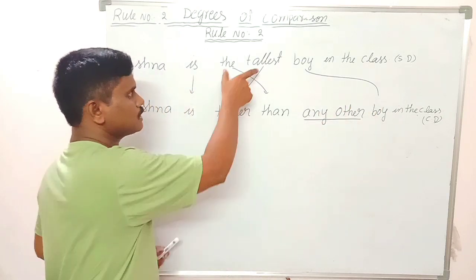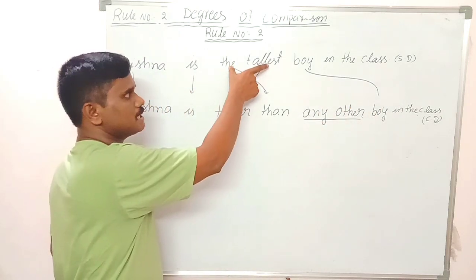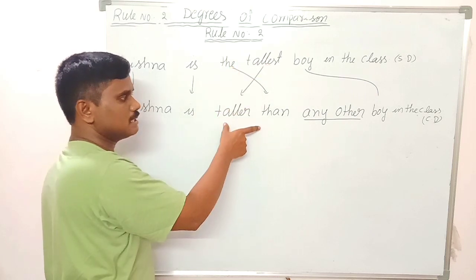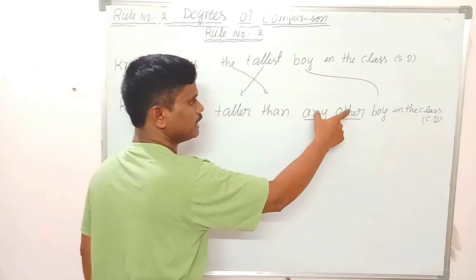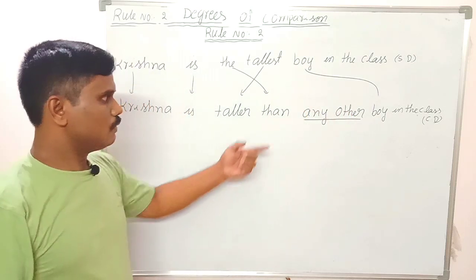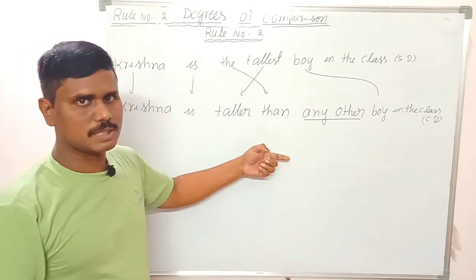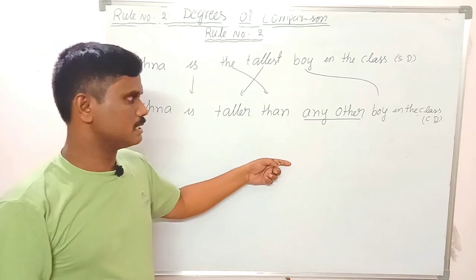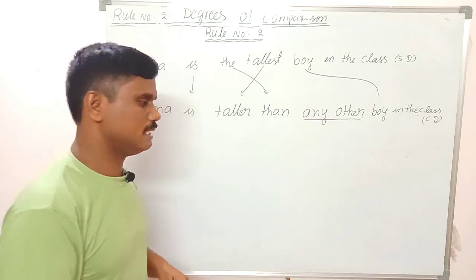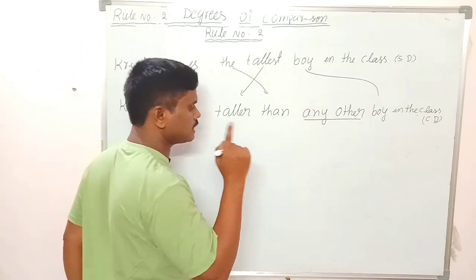That means in the superlative degree sentence, the plus adjective 3. In the comparative degree sentence, after taller, adjective 2, than, we use any other. Next, while changing this sentence into a positive degree sentence, we have to change it into a negative sentence. Here the word is any. Here I will tell you one trick.